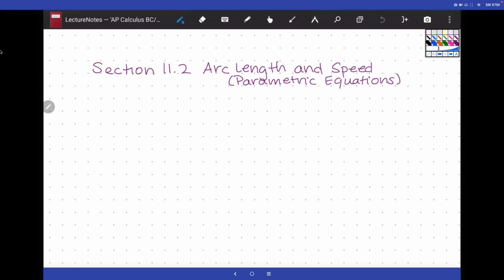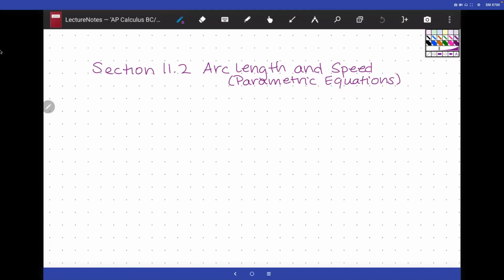All right, let's get that cursor out of the way. Arc length and speed. All right, let's do this thing.